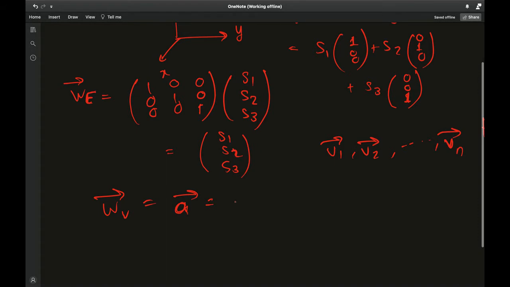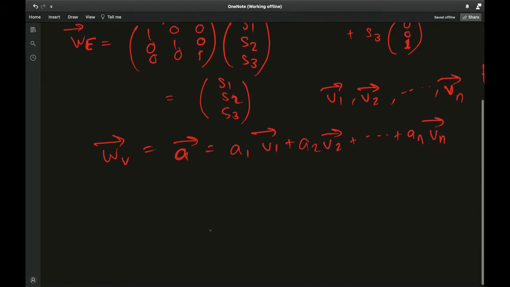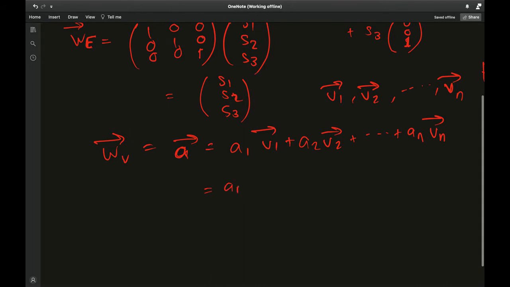So the arbitrary coefficient I'm going to denote as A sub 1, and then our first vector V1, plus A sub 2 V2, and then we keep doing that until A sub n Vn. I can write this as a column vector, which is a slightly cooler way of doing it.